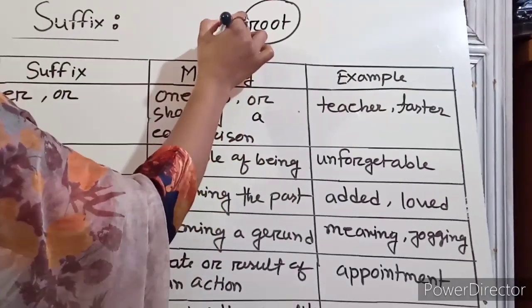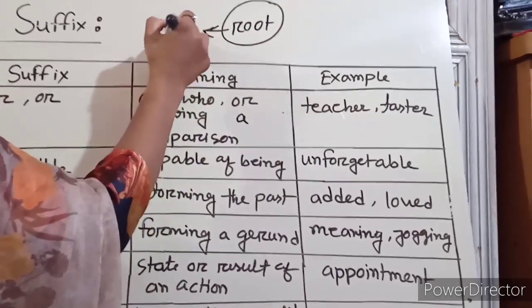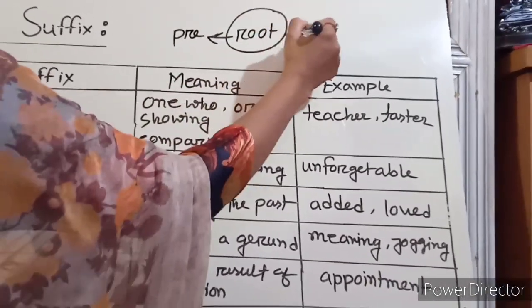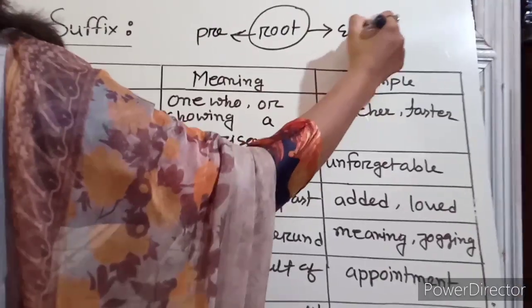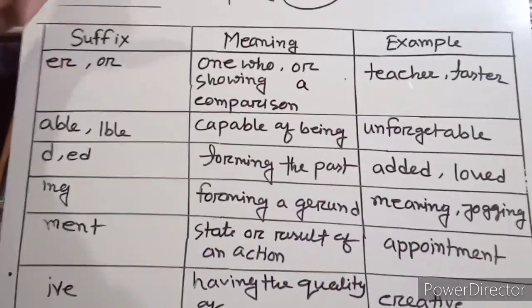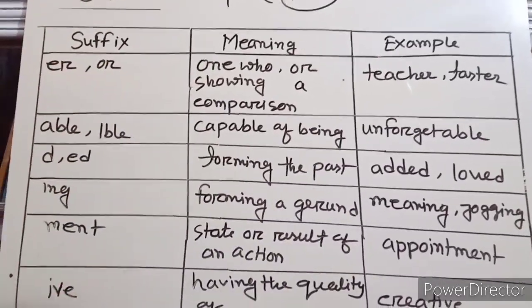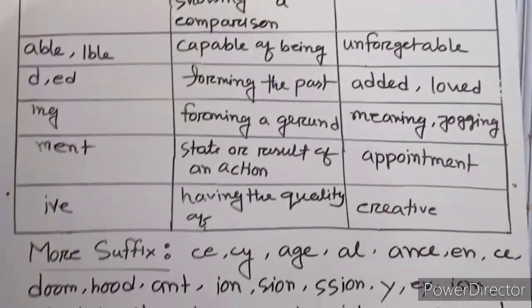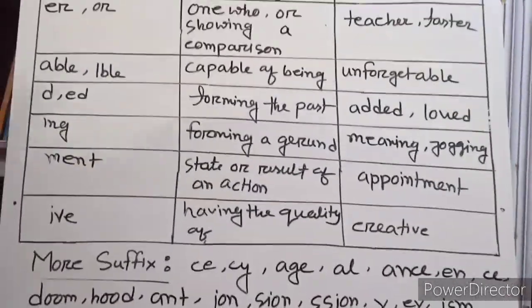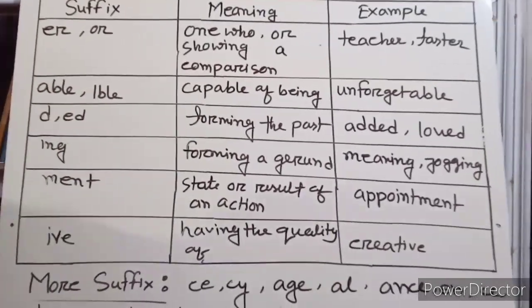Earlier I showed you prefix, now I will show you suffix. Similarly to prefix, there are lots of suffix syllables, but for time limitation I'm not able to show you all the things, but I tried my best. I wrote here some syllables.